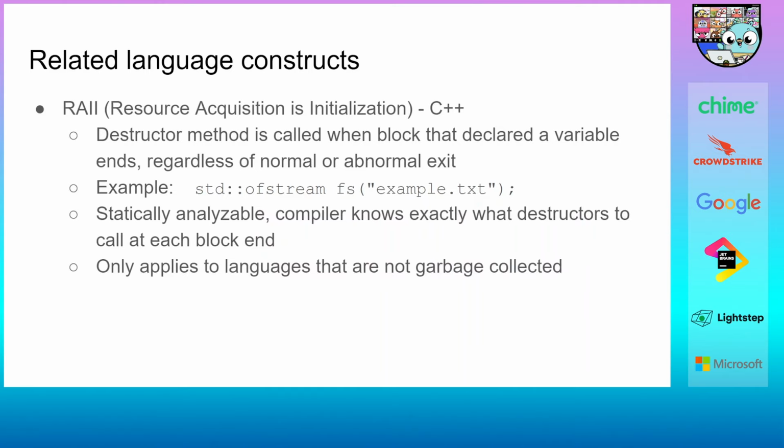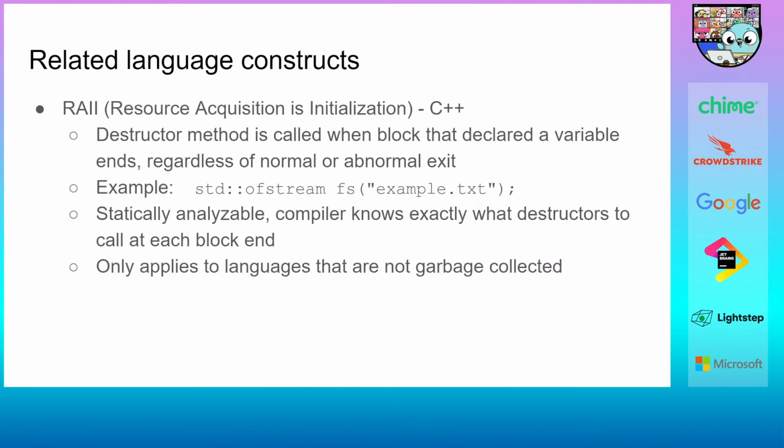Acquiring that resource can be part of the constructor of the variable, with the resource being specified as an argument to the constructor. C++ guarantees that the destructor method for an object will be called when the scope of the variable ends. And of course, we can release or clean up the resource in the destructor. Very importantly, like the defer statement, C++ guarantees that the destructor will be called even if there's an exception.